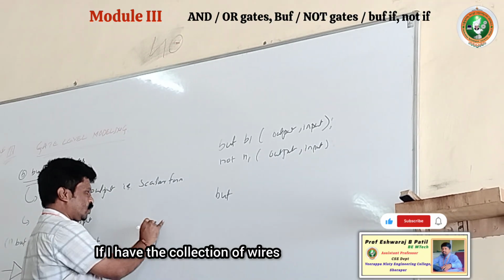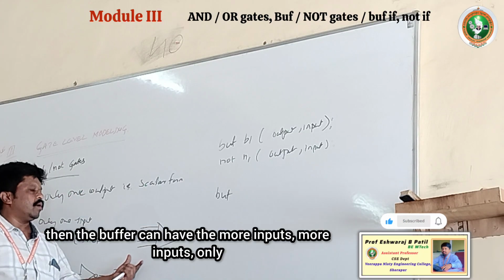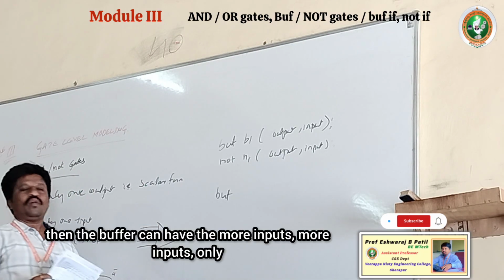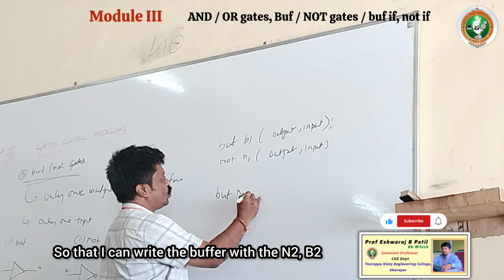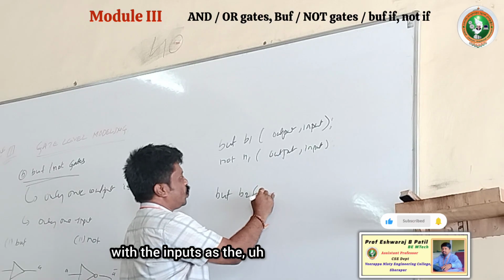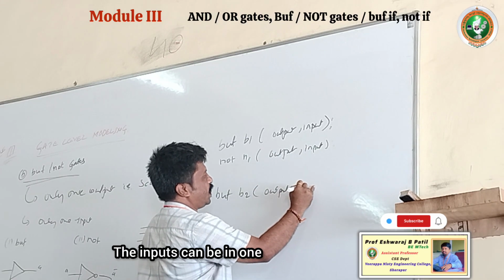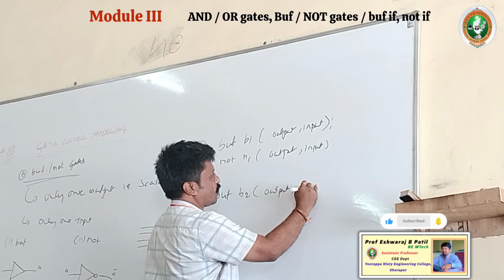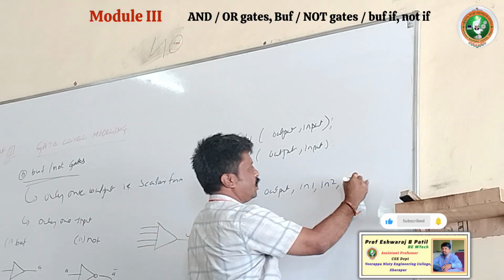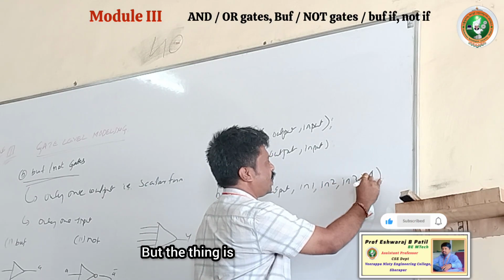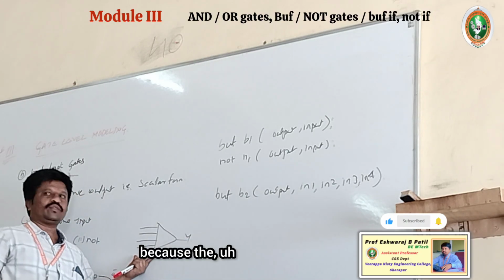If I have a collection of wires, then the buffer can have more inputs and only one output, so I can write the buffer B2 with the output first, and the inputs can be in 1, in 2, in 3, in 4. The buffer can have more inputs sometimes, because it is the wire connections.